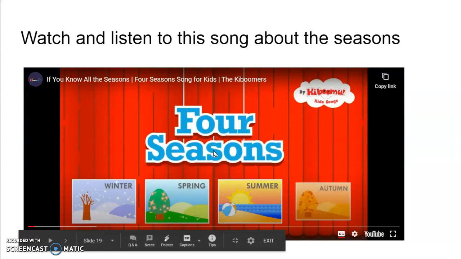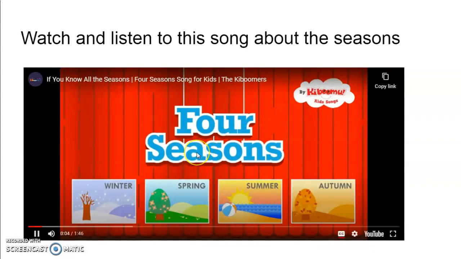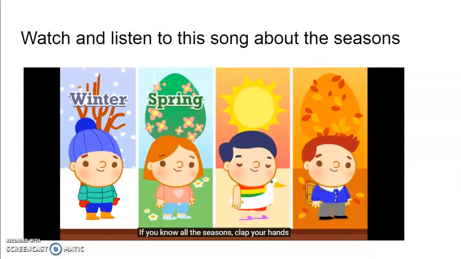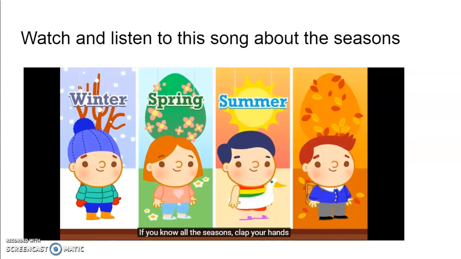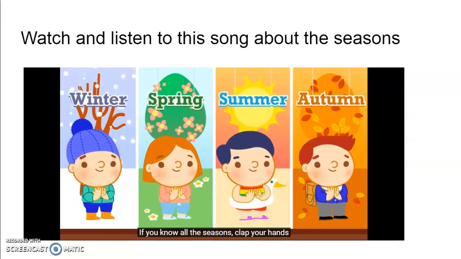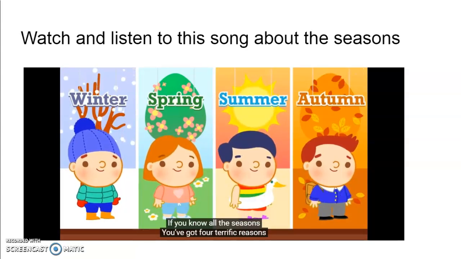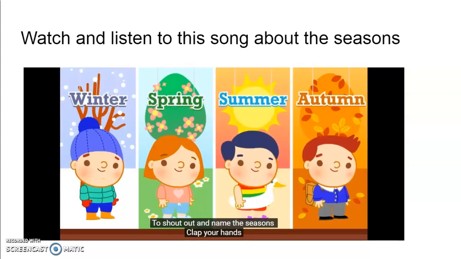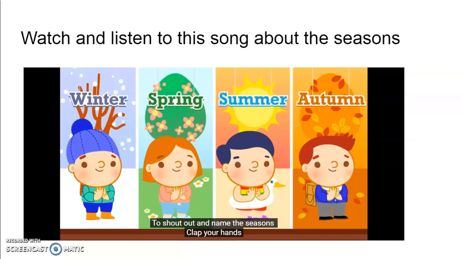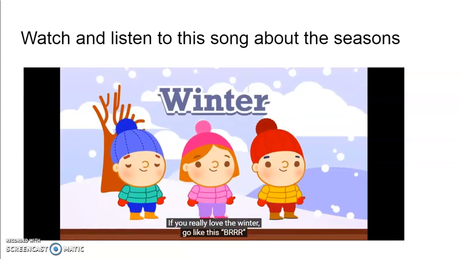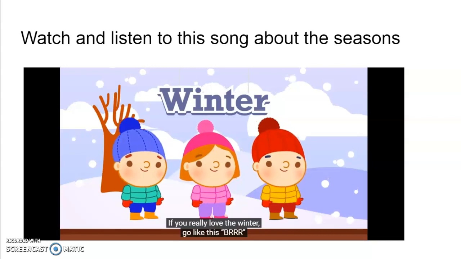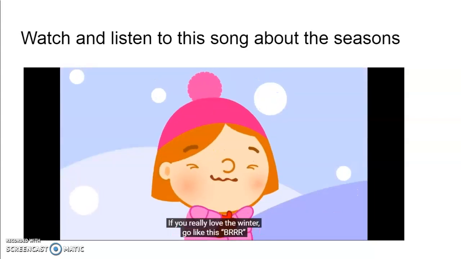Did you know that there are 4 seasons in every year? What's your favorite season? If you know all the seasons, clap your hands. If you know all the seasons, you've got 4 terrific reasons to shout out and name the seasons. Clap your hands. If you really love the winter, go like this.